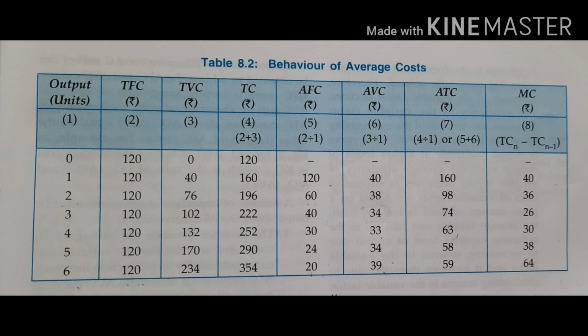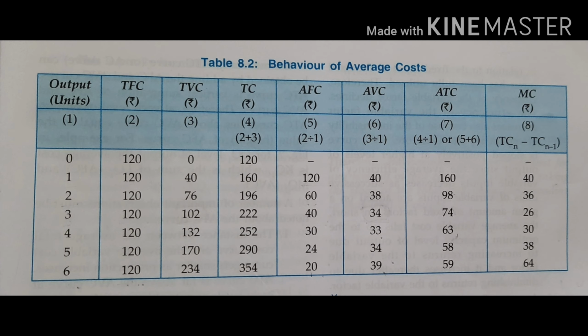Suppose we take the third unit. At the third unit of output, TFC is constant at 120, and if you divide 120 by 3, the average fixed cost will come to 40.